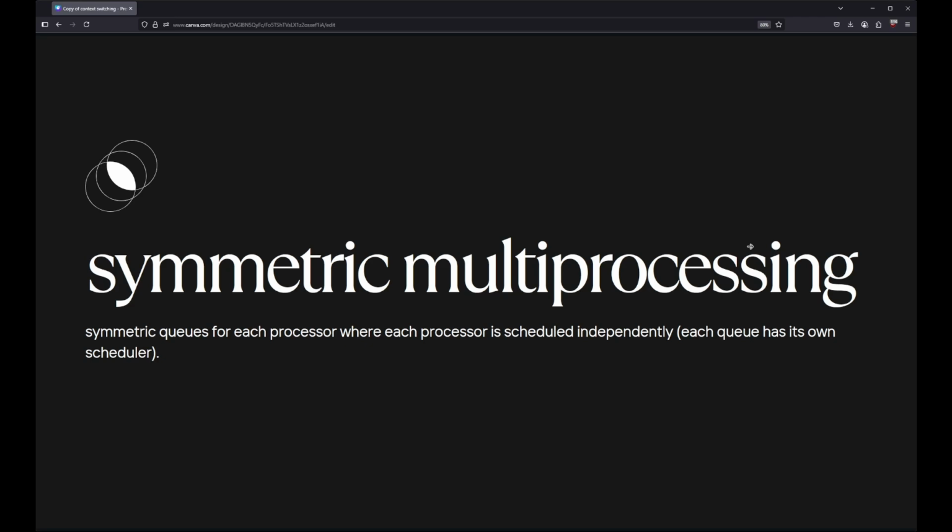So essentially, symmetric queues exist for each processor, where each processor is scheduled independently with a queue for the specific processor. So each queue has its own scheduler, right? Now, this is just a way for parallel systems to run. There's also a way in which you can have symmetric multiprocessing with just a single shared queue, but obviously it will have its pros and cons, right?